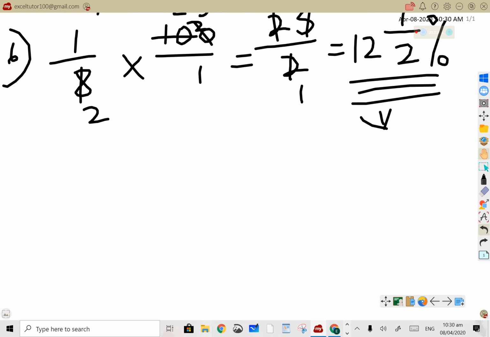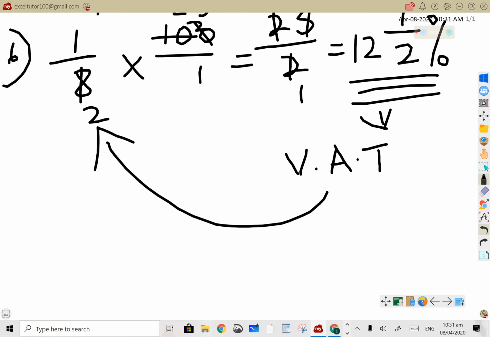what we later on will be doing, which is VAT, right? And they will ask you for 12.5% of a number, but then we would revert back to using the 1/8.